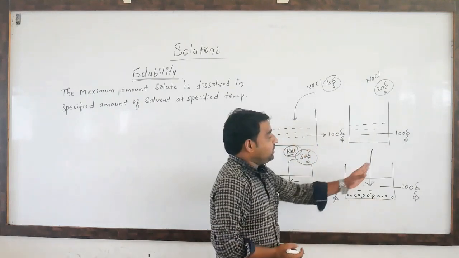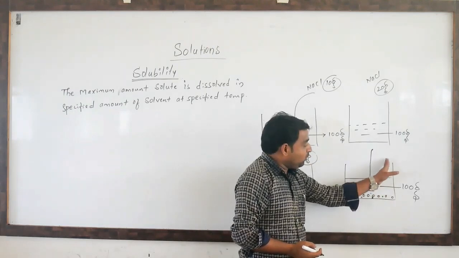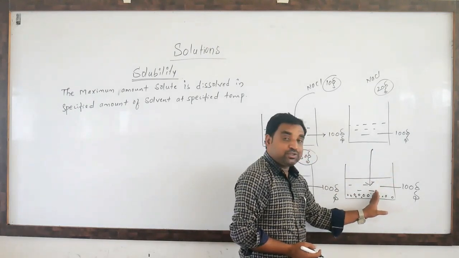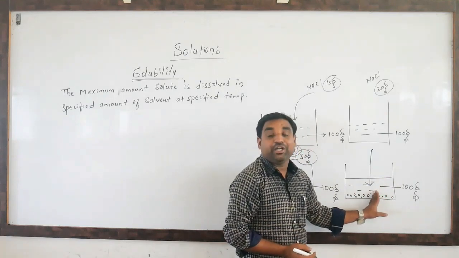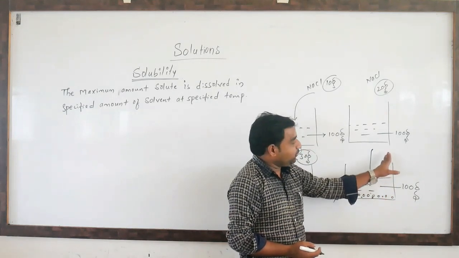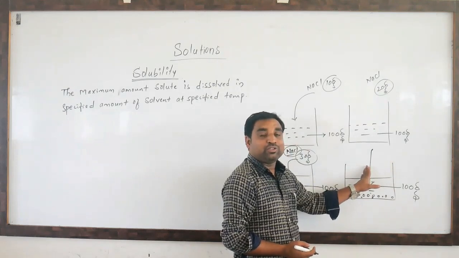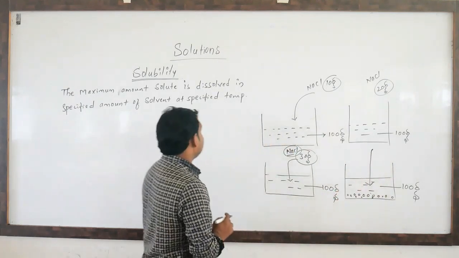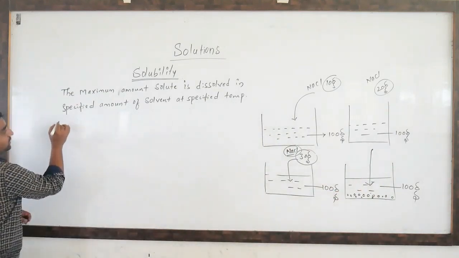So no more solute can be dissolved in this type of solvent. Such solutions are termed saturated solutions. It means if you add another amount of solute to the solvent, it will not be dissolved. Such solutions are termed saturated solutions.